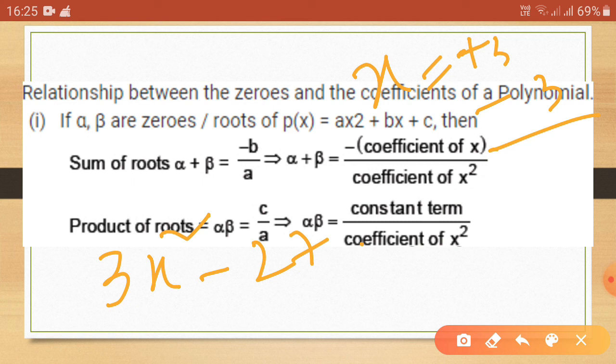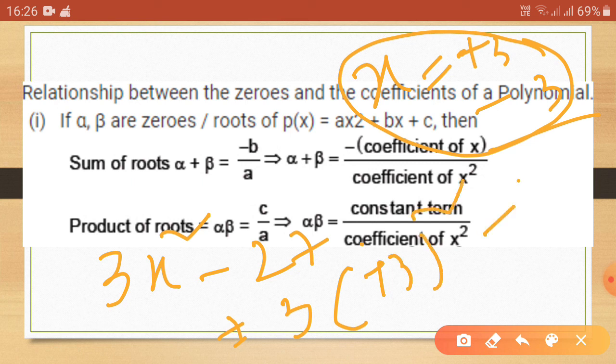Okay, so if we put the value of x here and we get 0 as a result, then we can say that all these values of x are the roots or the zeros of this expression. So if we put the value plus 3 first in x, we will get 3 times (3 square minus 27).